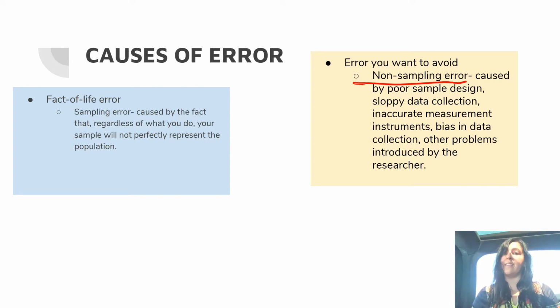We have to challenge our biases when we do studies like this because we could get some non-sampling error in there. Other problems could be introduced by the researcher. All researchers are human beings, so we're going to have biases. We're not going to be perfect. We might not even know what we're doing.